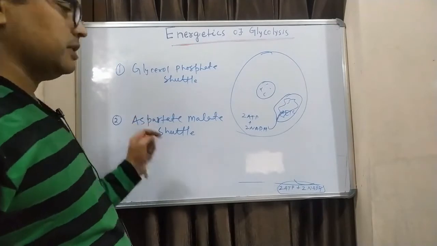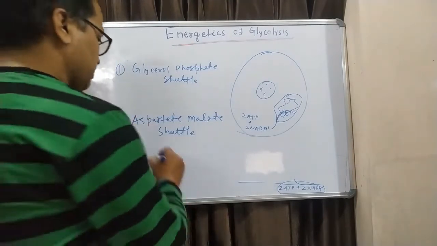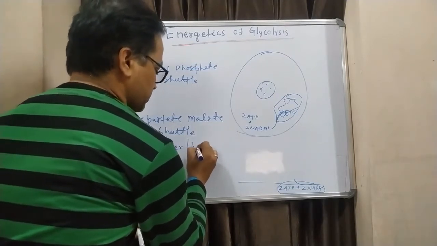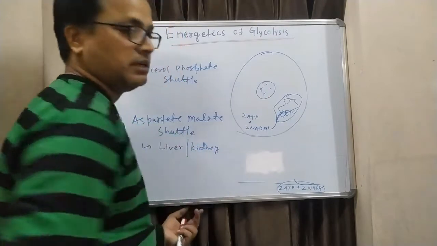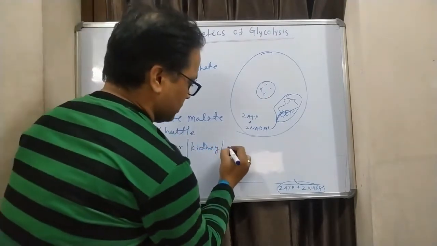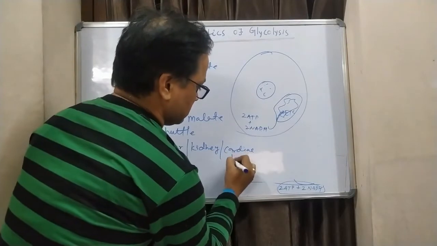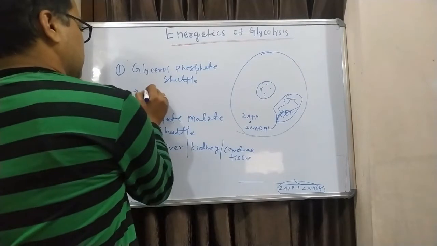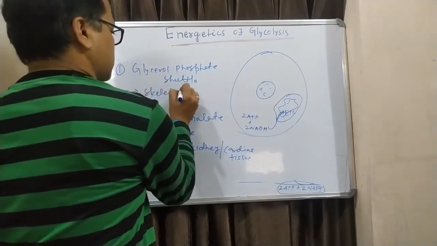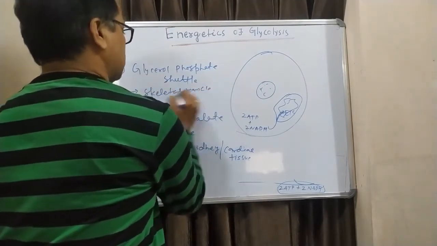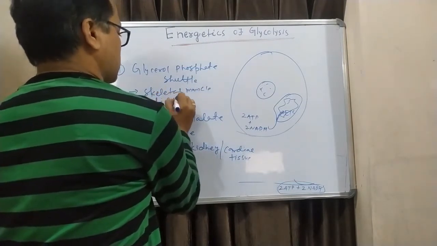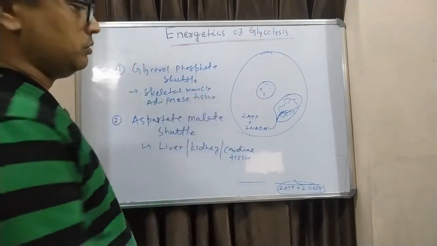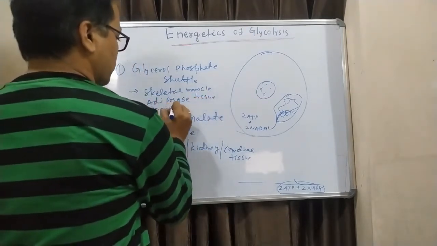The malate aspartate shuttle system is normally present mainly in liver, kidney, and cardiac or heart tissue. The glycerol-phosphate shuttle mainly is present in skeletal muscle, adipose tissue and brain.